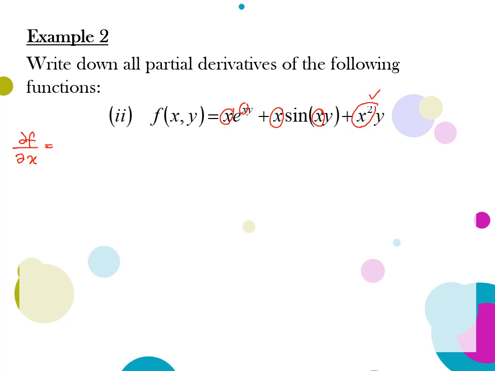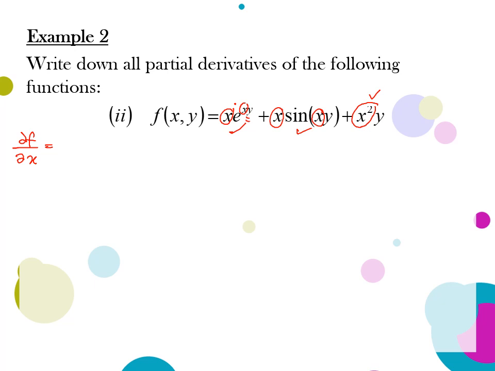This is fine, but for these two terms, this one and this one, you need to apply whatever method of differentiation that you have learned previously to differentiate these. Okay, so to differentiate these, you need to do the product rule, because you have multiplication of two functions here.